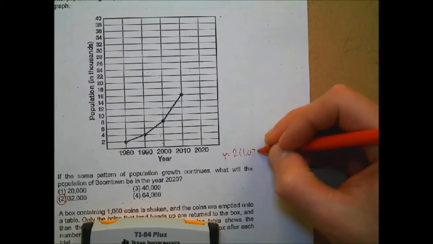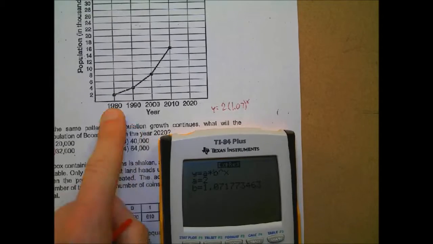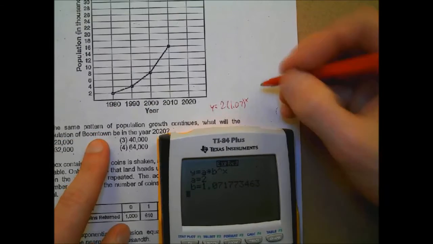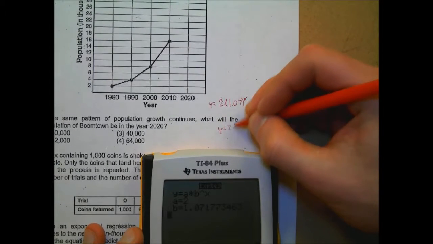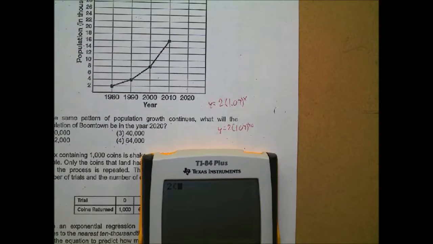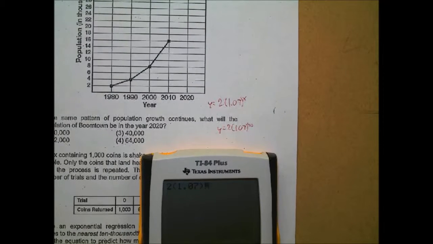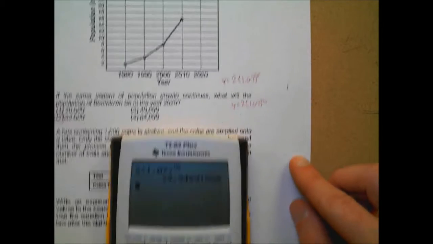If I'm trying to predict 2020, well, that's 40 years later, so I could put 40 in for x there. I'll do it down here to save on the space. I'll do 2 times 1.07 to the 40th. And notice what I get.